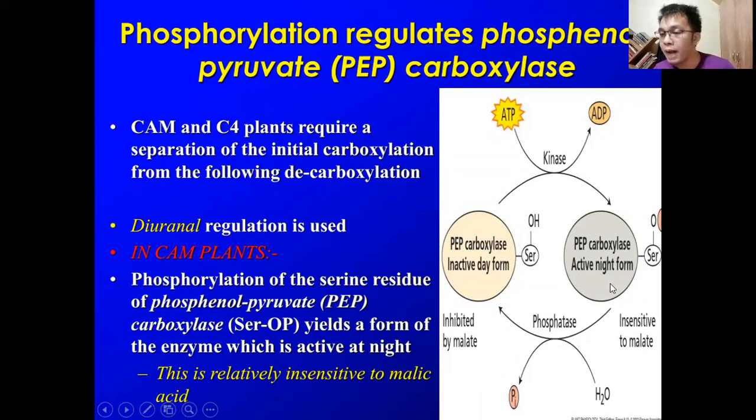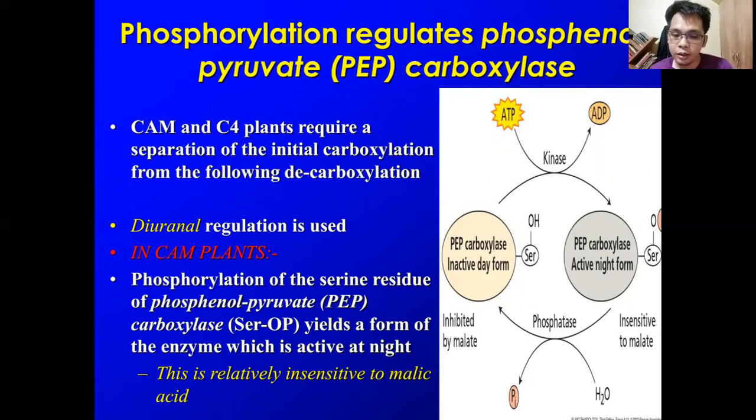So the malate will not inhibit the PEP carboxylase form, and the reaction proceeds. But if you want to switch off the reaction, we have the phosphatase enzyme, and this is where malate comes in to inhibit the enzyme and reduce its efficiency. This is just a typical example of allosteric regulation.